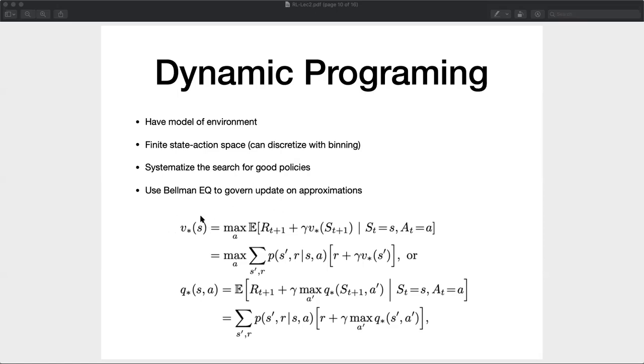So for the value function V star, this is going to be some optimal value function. You're going to use this bootstrapping that we described before: sum over all future states. So you're in a current state, sum over all future states times the probability of making that transition.